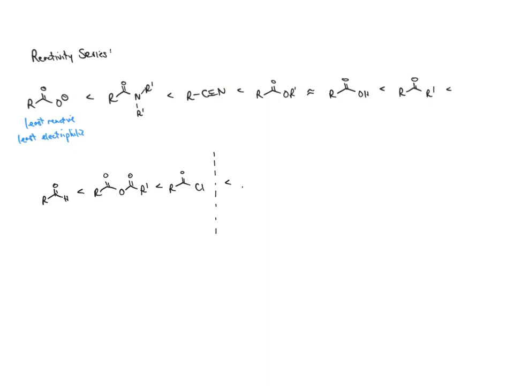So what I'm going to add next is the iminium ion. Okay, so this iminium ion here is really reactive. The iminium ion is also less reactive than the protonated carbonyl.